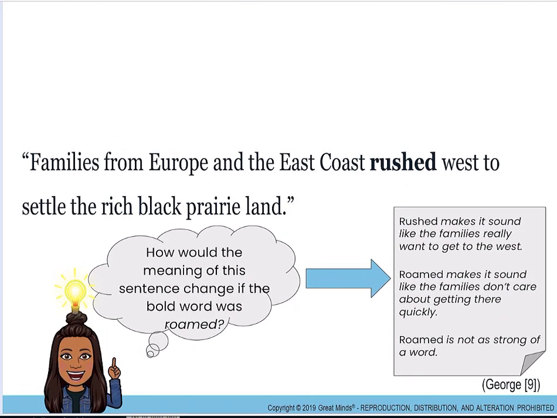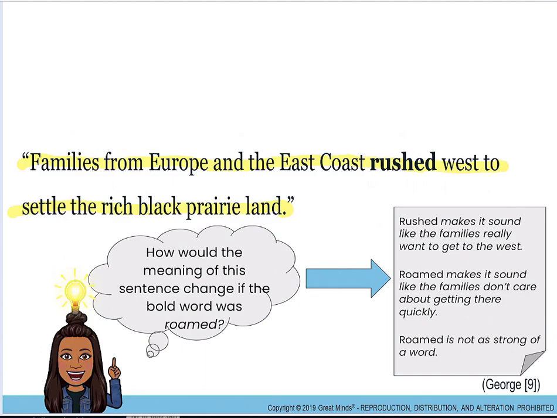And we are coming in for a landing here. I'm going to read this sentence. You are more than welcome to read it with me. Families from Europe and the East Coast rushed west to settle the rich black prairie land.